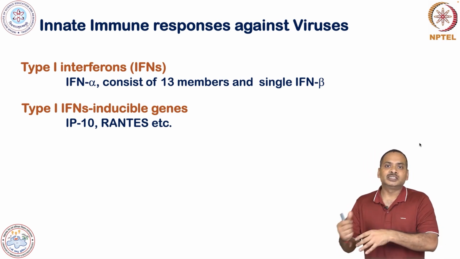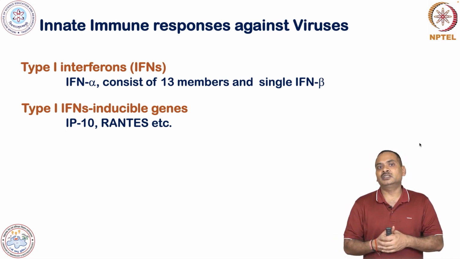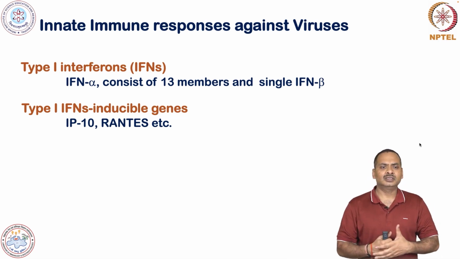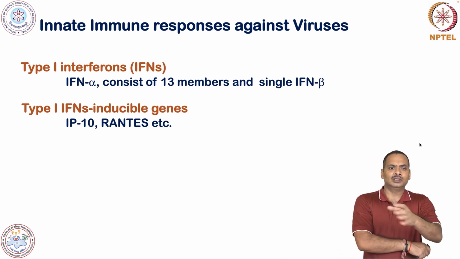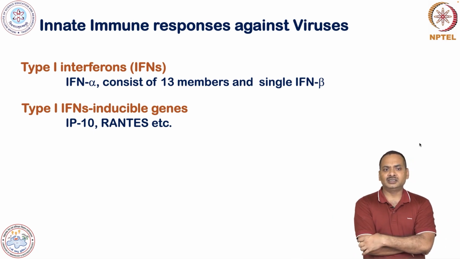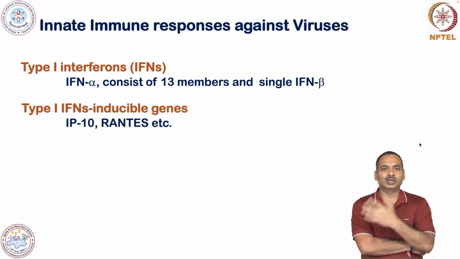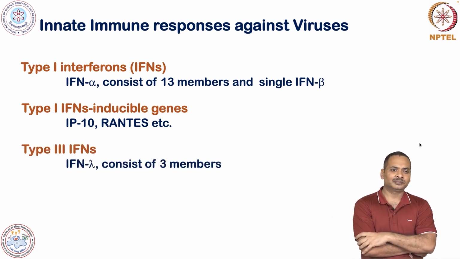These responses are triggered by interferon inducible genes. These are just a few examples, but there are hundreds of genes. One is IP10 and RANTES. There are so many chemokines and all those things.